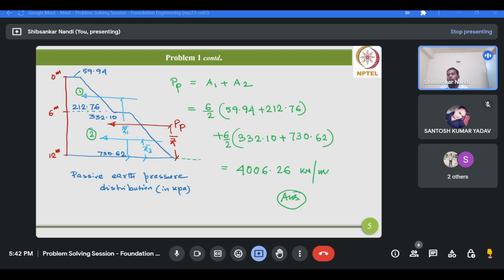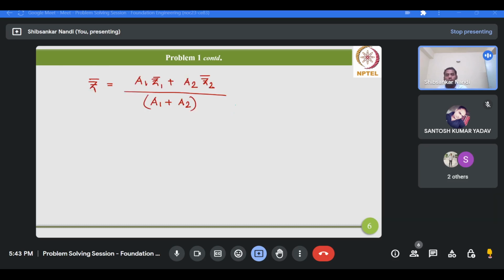So you know Z1 bar, Z2 bar, you know A1 and A2, so you can easily calculate the line of action of the resultant passive thrust from the base of the wall. Okay, so we will not do that calculation here. So this is a homework for you. So please do it at your home. Okay, and let me know about the value of z bar.